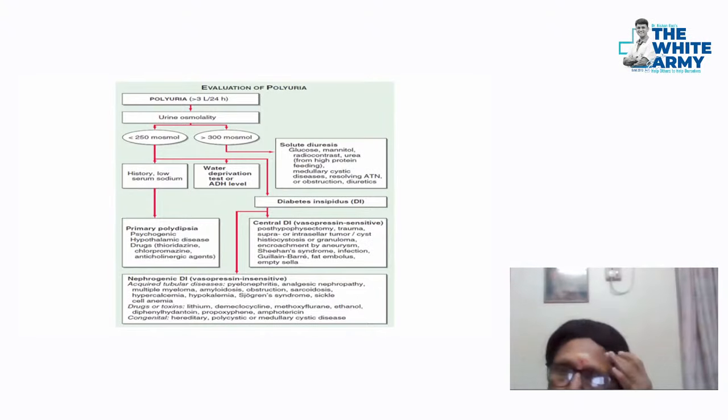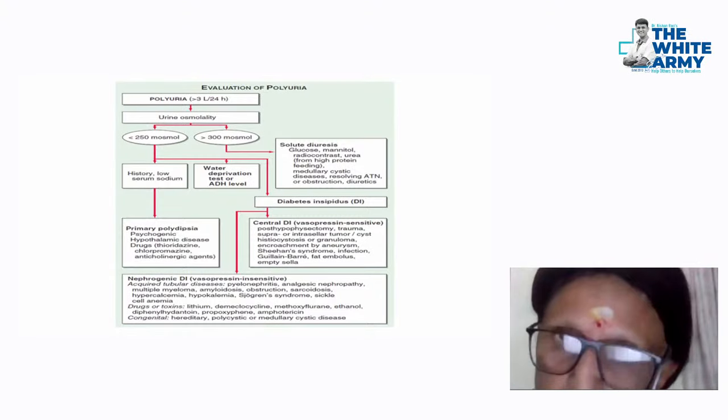You give subcutaneous ADH and find out the difference. If the urine osmolality is more than 300, straight away look for a solute diuresis. You are excluding psychogenic polydipsia, neurologic causes like hypothalamic disease or tumors for increased thirst. You are also excluding vasopressin sensitive and vasopressin resistant diabetes insipidus. You concentrate on solute diuresis.